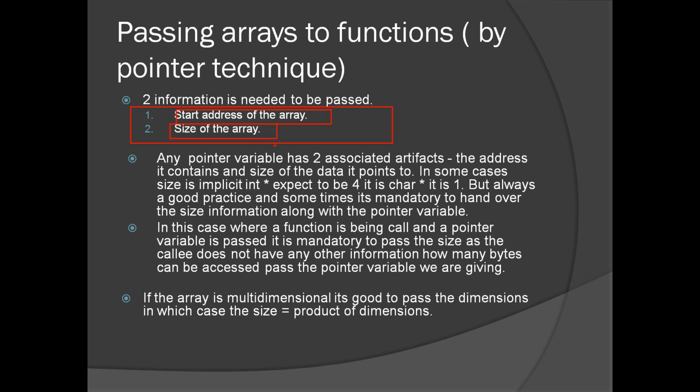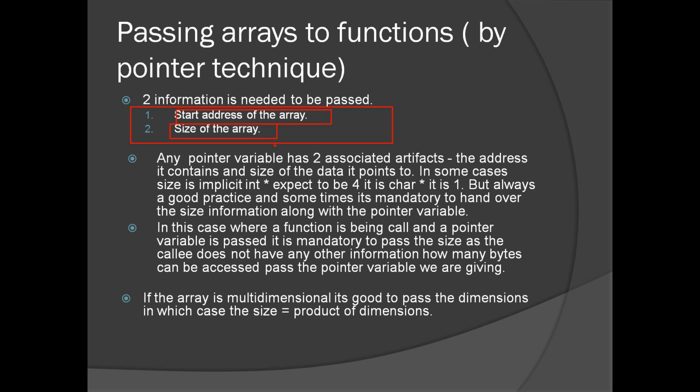So all the syntaxes we're going to discuss now are based on this particular principle. In some cases, the size of the memory location pointed to by the pointer is implicit. For example, in the case of an int star, it is 4 bytes. Char star, it is 1 byte.